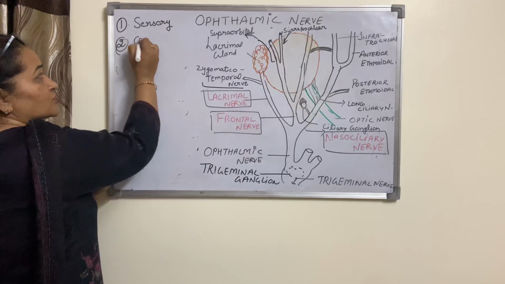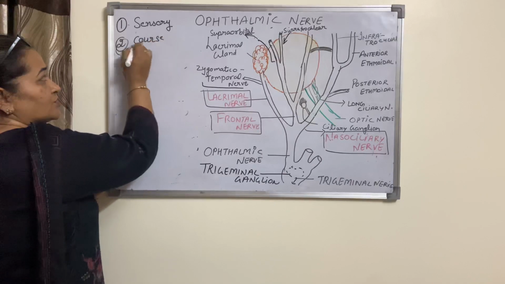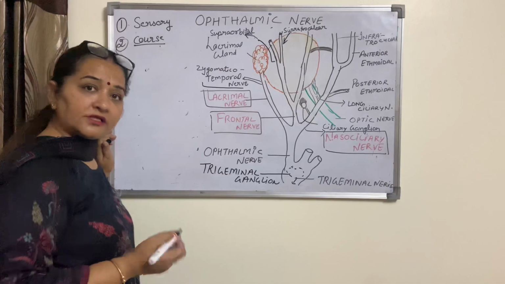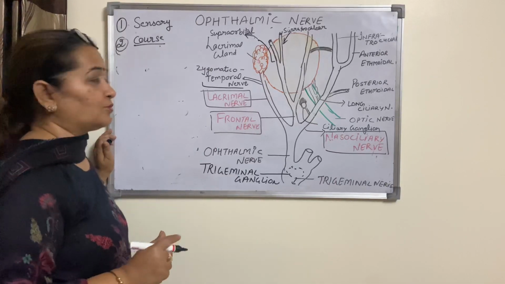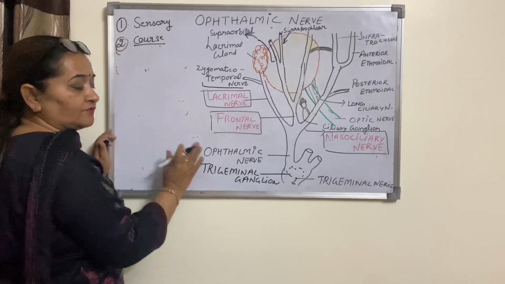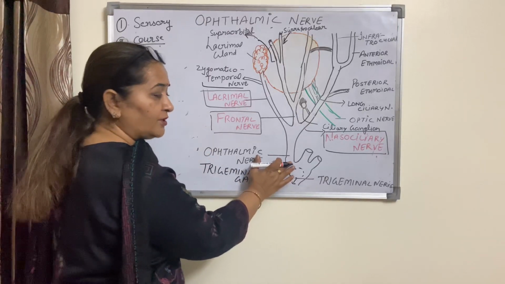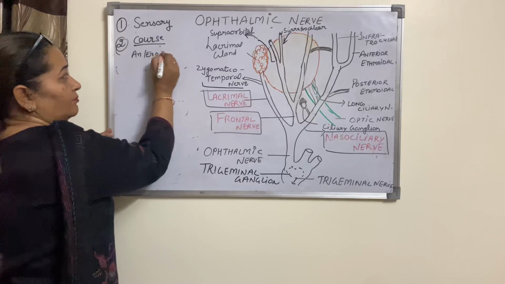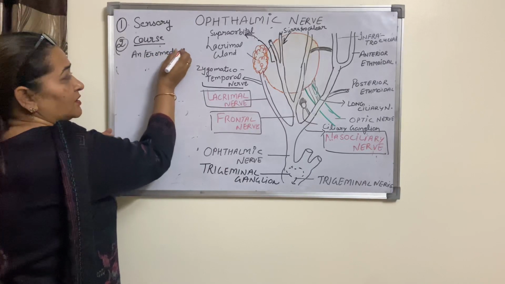Then the course of that nerve from its origin to its distribution, that is, the different branches arising from that particular nerve. So that is important. Now what is the course of this nerve? This nerve is arising from the anteromedial portion of the trigeminal ganglion.